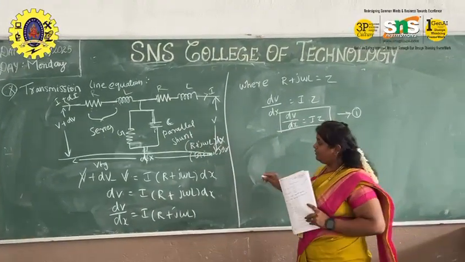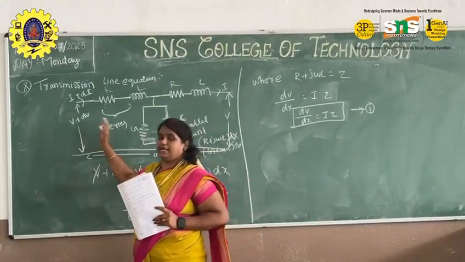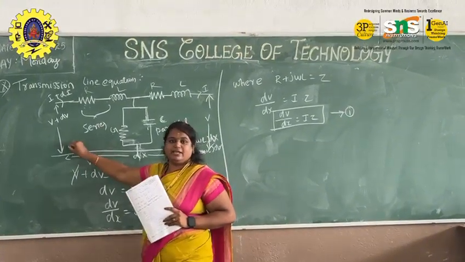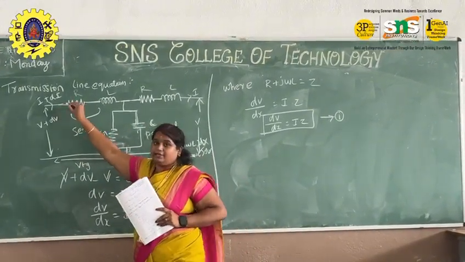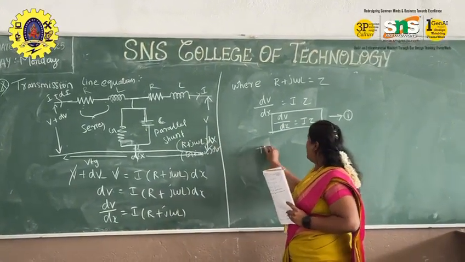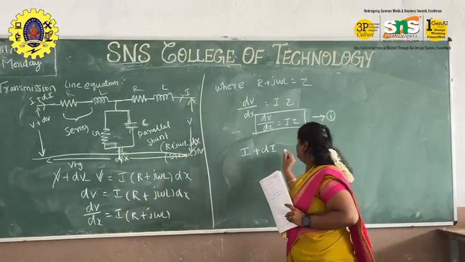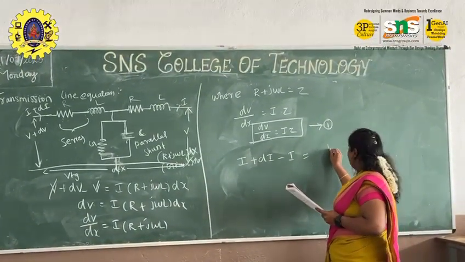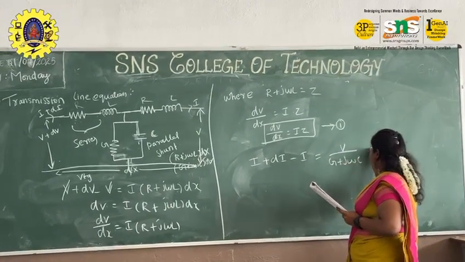Again, the main things are the voltage and the current. Having taken the difference between the sending and receiving end voltages, now I take the current difference between both. That is I plus dI at the sending end and I at the receiving end, so dI is equal to V into G plus j omega C into dx.